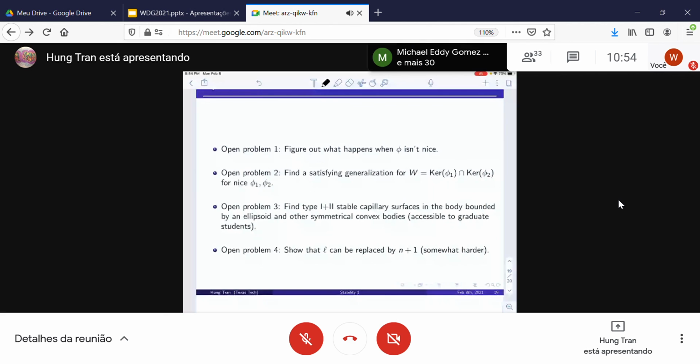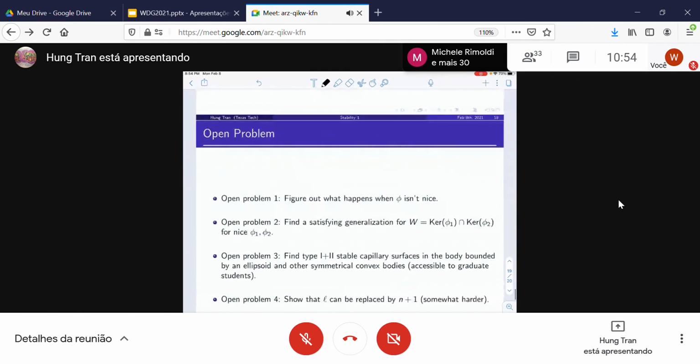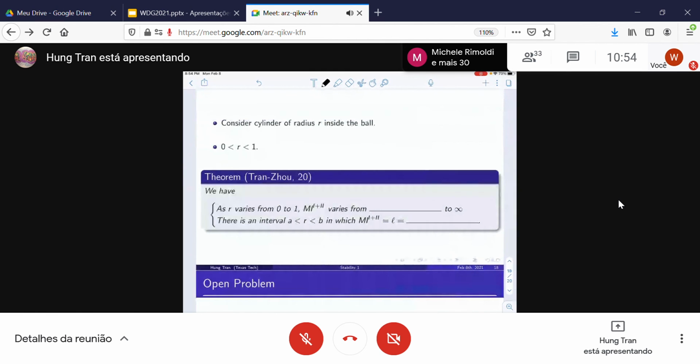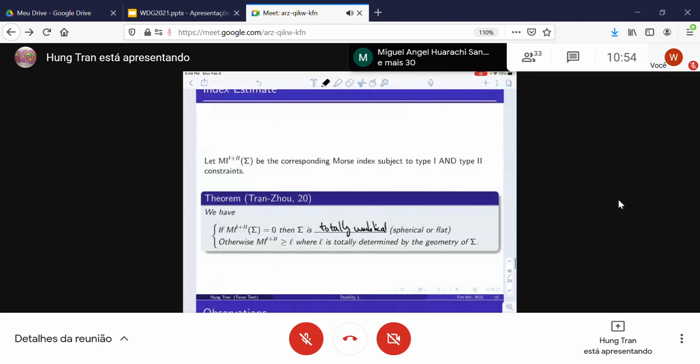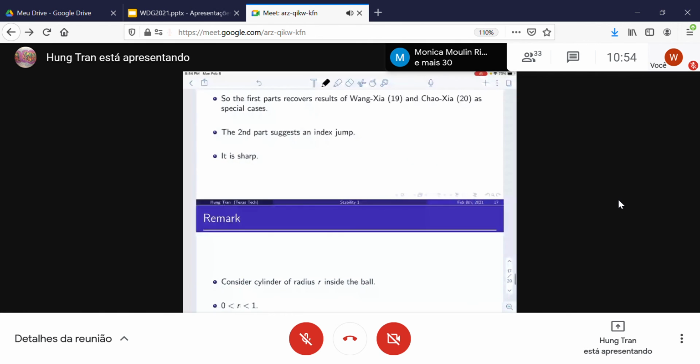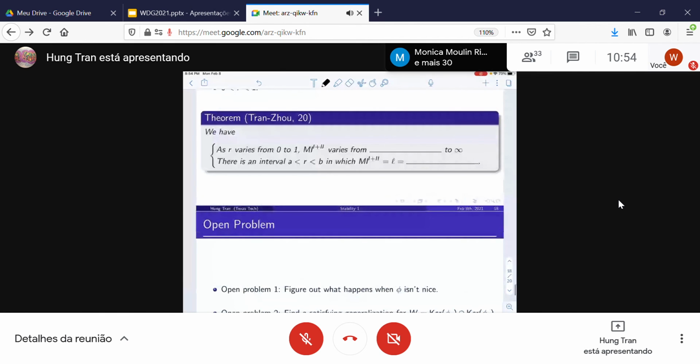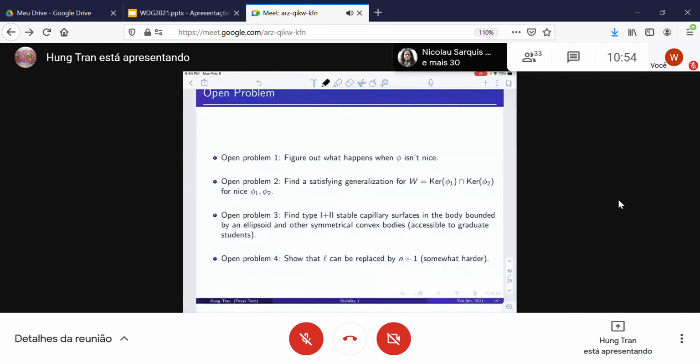And the last open problem is to show that this number L that we have in this theorem can be replaced by a concrete number. In our theorem, L is determined by the geometry of sigma, but I believe that when we consider capillary surfaces, for example, L can be replaced by a concrete number.